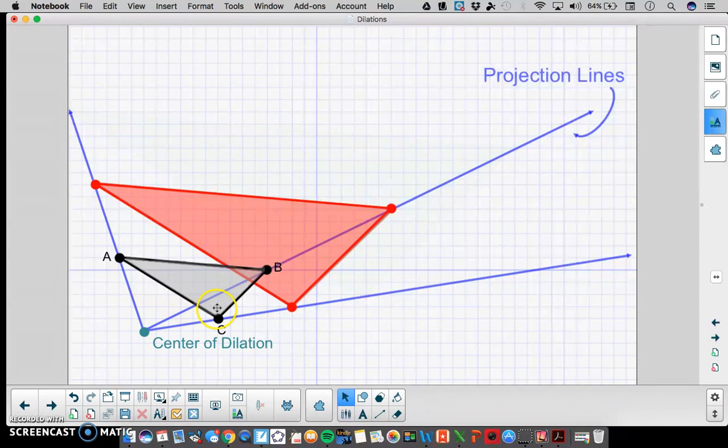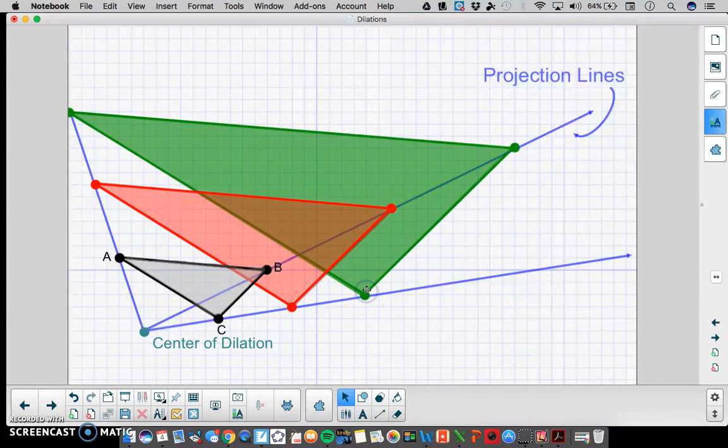And so I would count that again. Up 1, and then 1, 2, 3, 4, 5, 6. Notice I'm on that projection line. This triangle would represent a dilation with a scale factor of 3. Notice that I have 3 of those sections on that projection line. That represents the scale factor in our dilation.